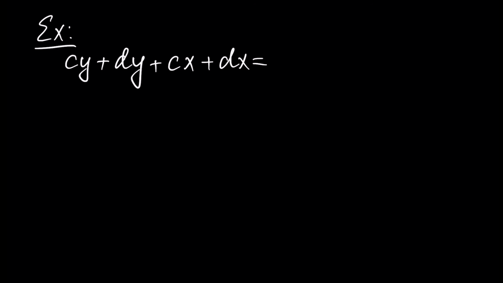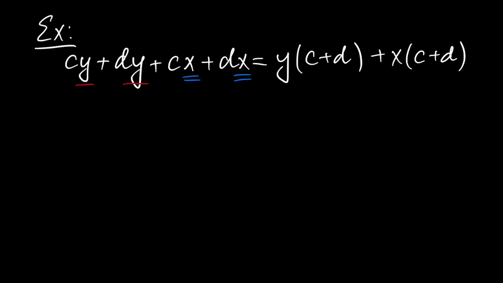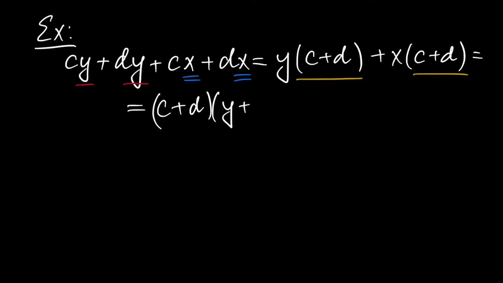In this case, we can take this y out, and we will have y times c plus d, plus here we will take this x out, and we will have x times c plus d. And next we will take out this c plus d from the brackets, and we will have c plus d times y plus x.